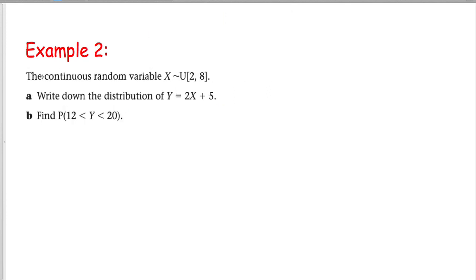Okay, so we've got a second example here. Continuous random variable x has a uniform distribution over the interval 2, 8. That's what this notation means. And I need to write down the distribution of y equals 2x plus 5. So I just need to transform the interval. When x equals 2, y will equal 2 times 2 plus 5, which gives us 9.